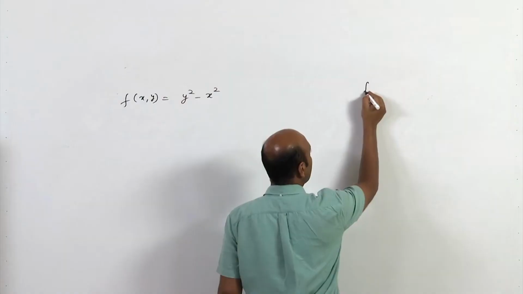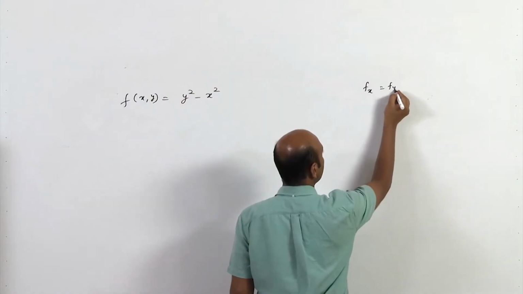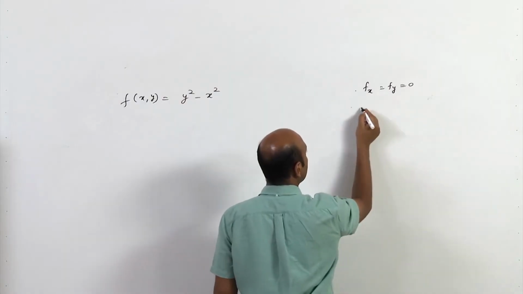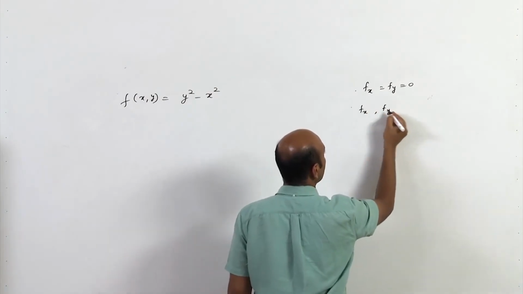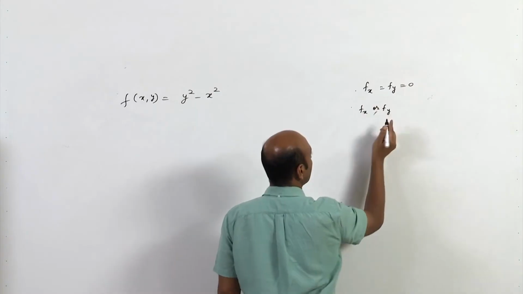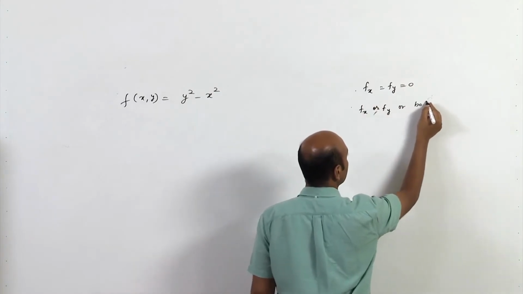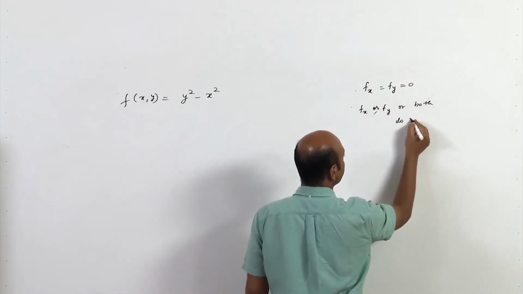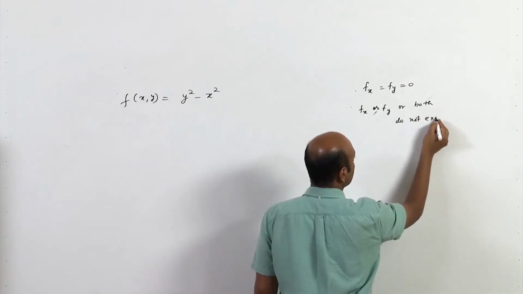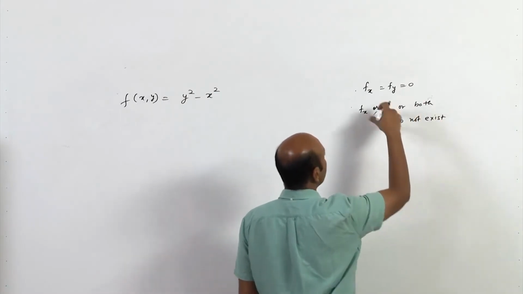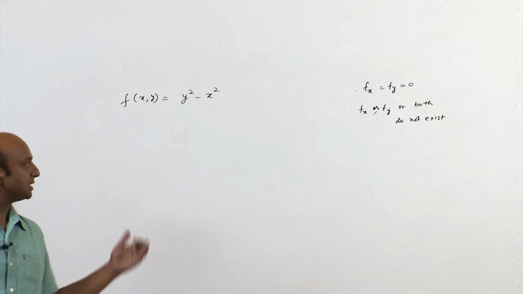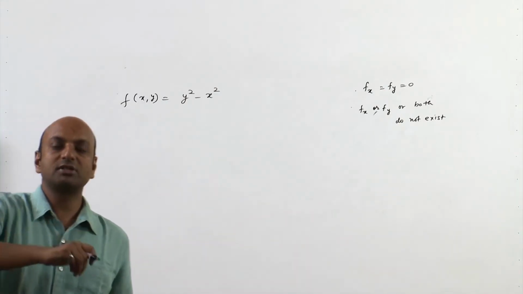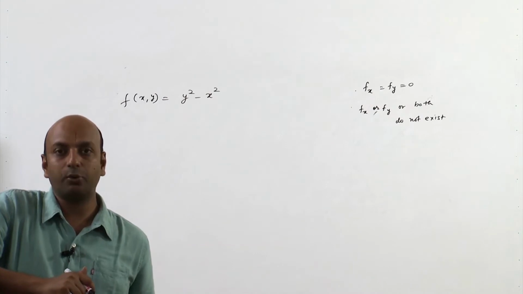Either fx equal to fy equal to 0, or fx or fy or both do not exist. The point where these conditions hold, we say that point is a critical point.